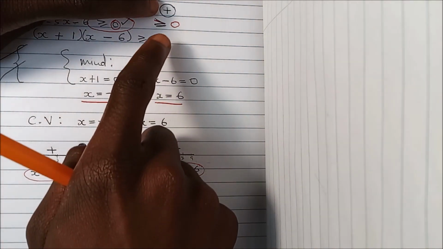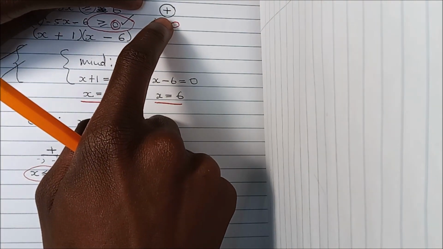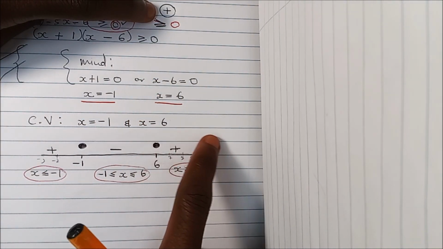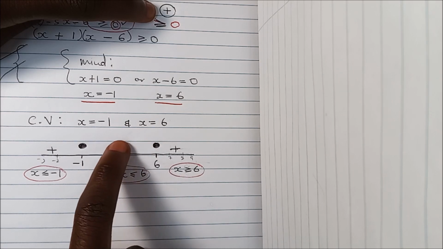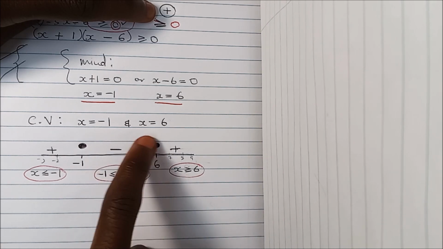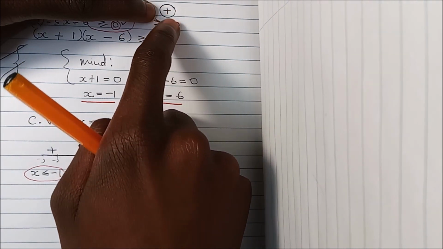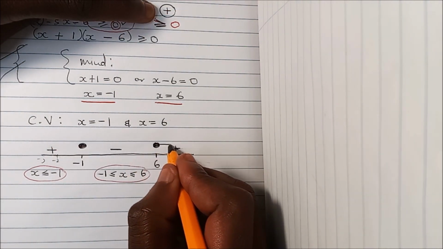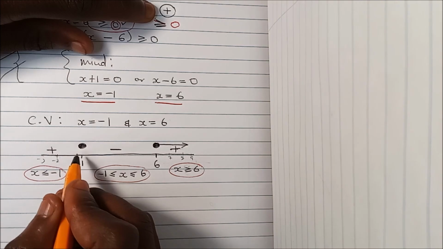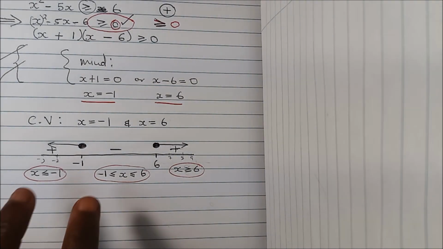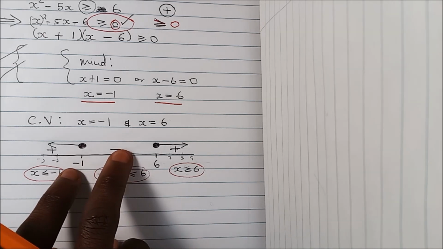Since we are focusing on positive, and look, the positive is that side. If you go in, you are going towards the negative, and negative is not our solution. So we have to go outside, because we can't go inside because this is negative.